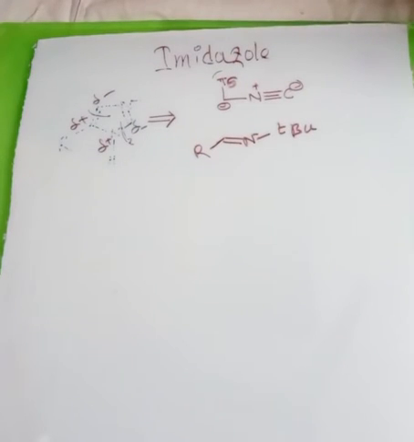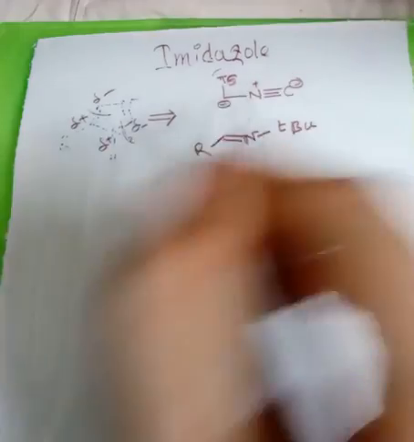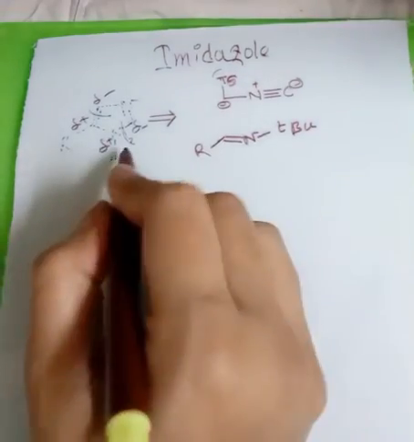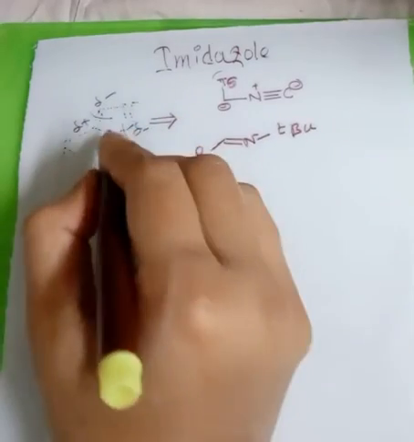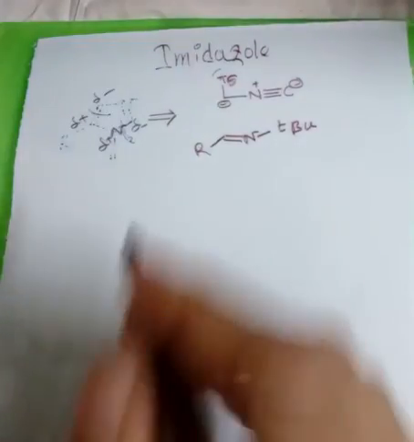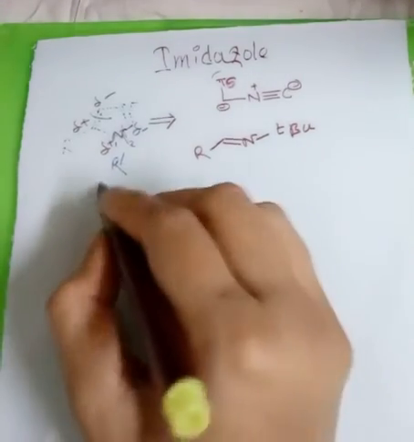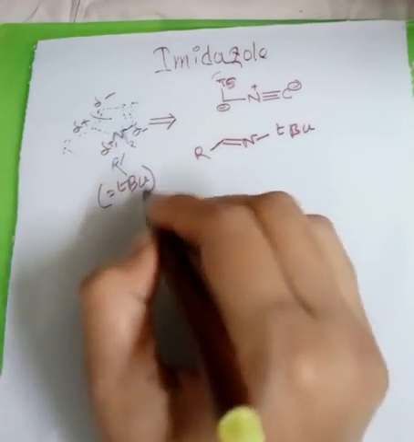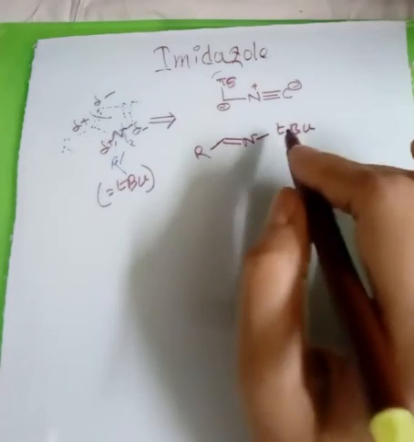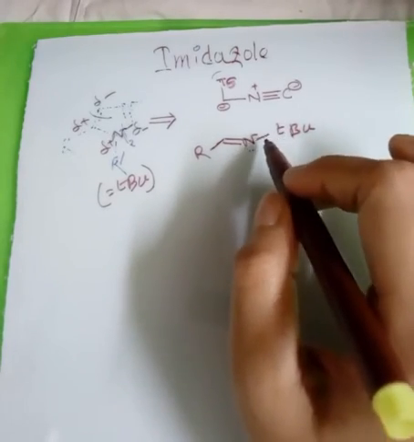Okay, tertiary butyl, actually we add because if there is a substituent on nitrogen, this is the nitrogen, and it has a substituent R prime or here tertiary butyl group, then that substituent will be added to that imine nitrogen.